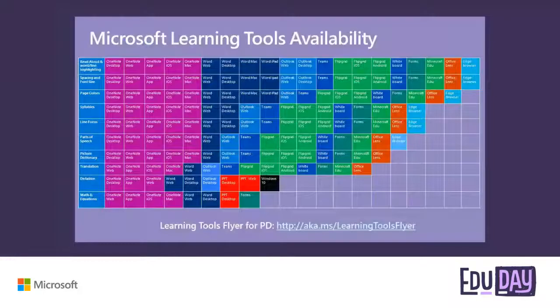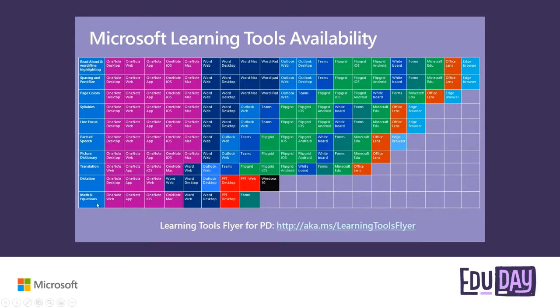So this table, I'm hoping it's the most up-to-date one, because as we know, updates come all the time. This shows where the learning tools are available across the Office 365 apps. So you can see that OneNote is fully covered with most of the learning tools, except Dictation's not quite there yet.